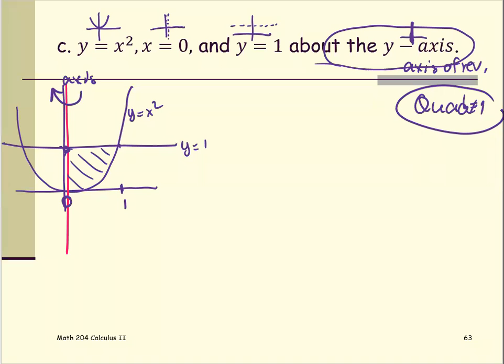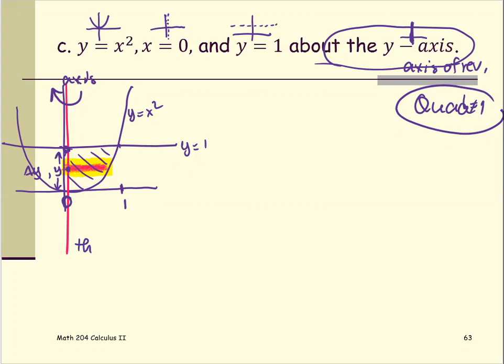Now, when you do the cross-section or the slicing technique, you do it perpendicular to the axis of revolution. That means the slice is perpendicular to the y-axis. So the location at that point is the position y, and the thickness is dy, the change in y, because you move the slice up and down in the y direction.